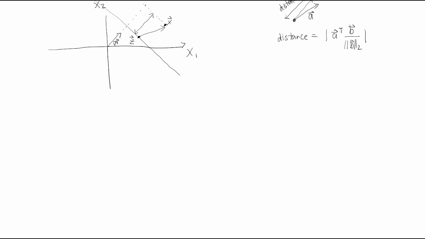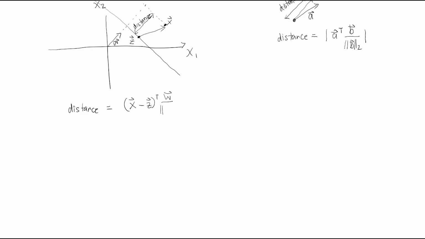So on the left here, we would like to know the distance of x to the hyperplane. In other words, we would like to know how long is the vector from z to x in the direction of w. So in order to get this, the distance equals the vector from z to x, which is always given by x minus z, transpose a vector in the direction of w.